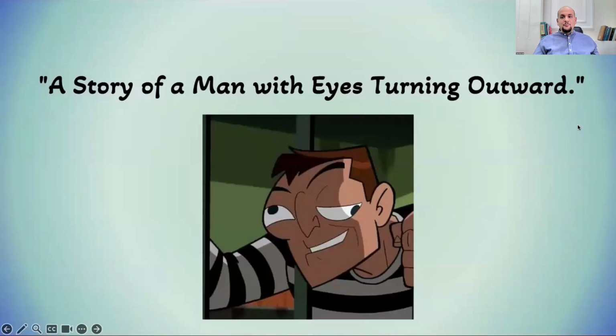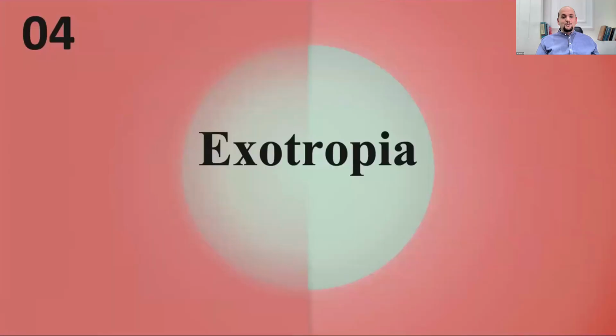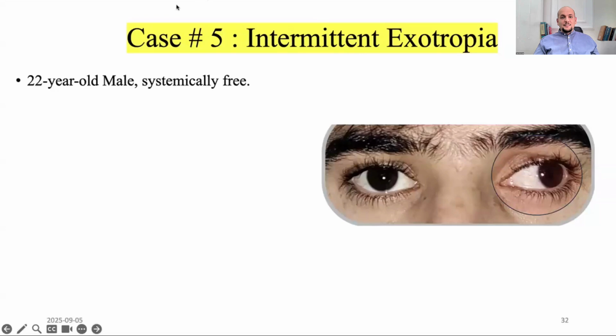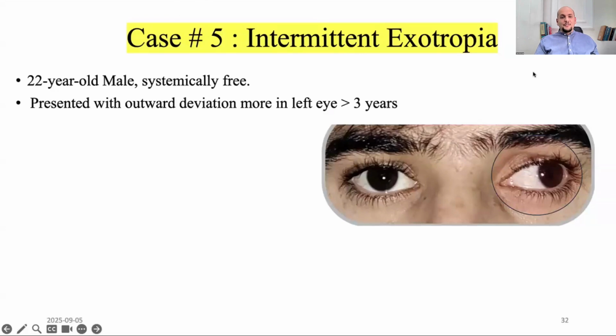Okay, so now we will move to the second part of the webinar, a story of a man with eyes turning outward: exotropia cases. This gentleman, a 22-year-old male, systemically free, presented with outward deviation, more in the left eye, for more than 3 years.